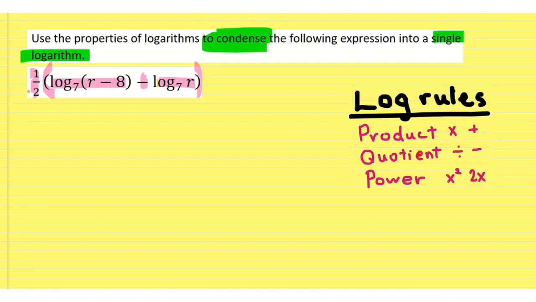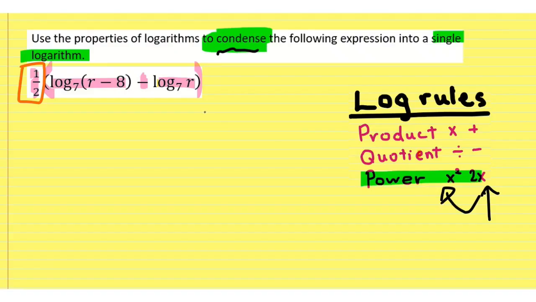Okay, so we always want to look at what's going on the outside. So on the outside, we have this 1/2. If we recognize that, we could recognize that it is a power. We're going to go backwards though, because we are condensing things. We're going to start here where the power is in front, and we're going to move backwards and bring it back up to the power position.